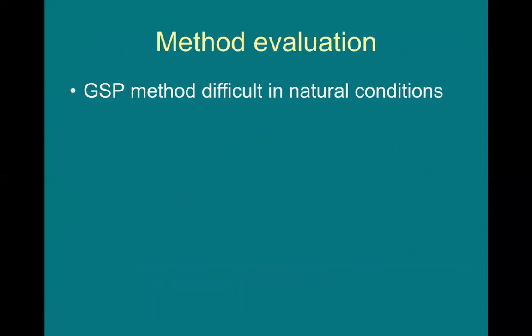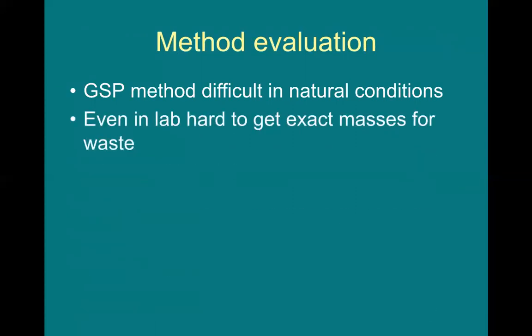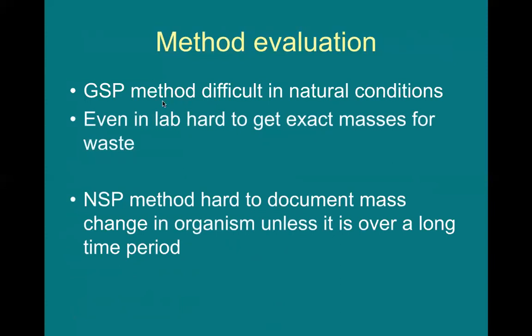Some evaluations of these methods. Secondary productivity is really difficult to measure in natural conditions because there are so many variables. It's hard to tell exactly what these animals are eating out in the wild, and then to collect all of their excrement. Even in the lab, it can be really difficult. You have to dry out all the waste samples to make it pretty accurate.